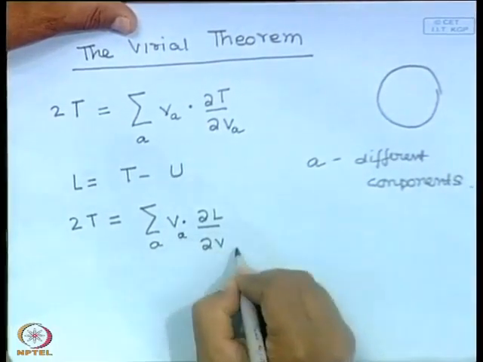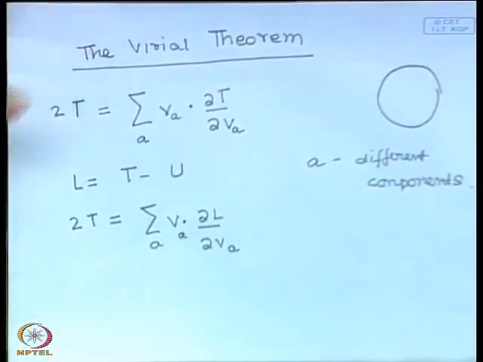Here u is the potential between the different particles in my system, or it may be an external potential.